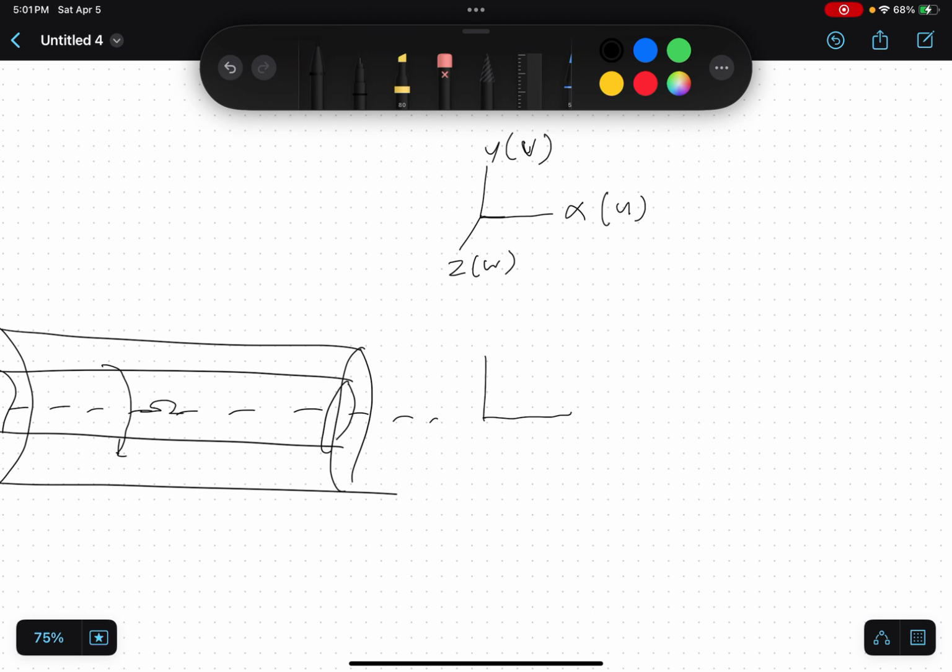We have z, which is w. We have r, which is u. And we have this, which I'll explain in a second, which is the theta direction, and it is called V. And it's kind of hard to visualize it with the way I drew it.